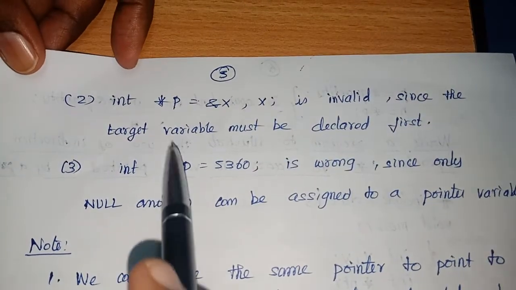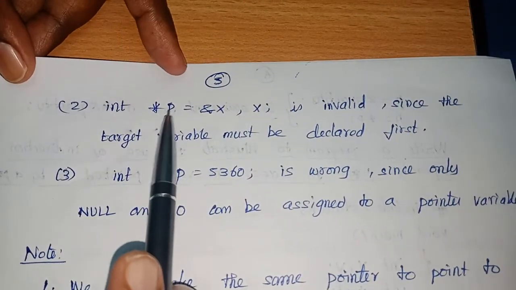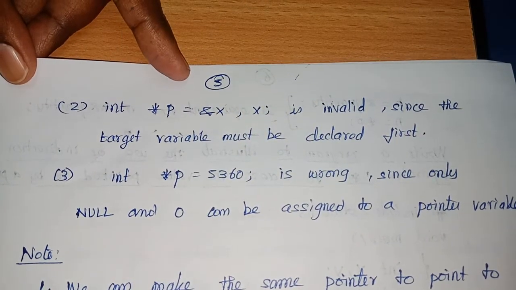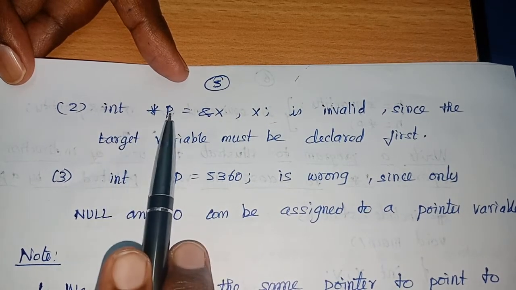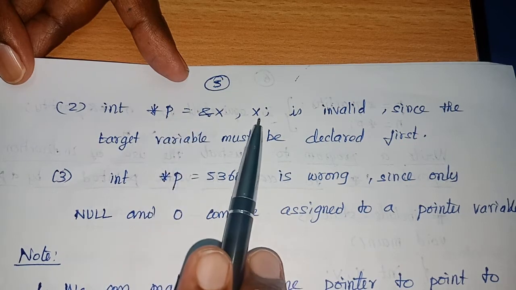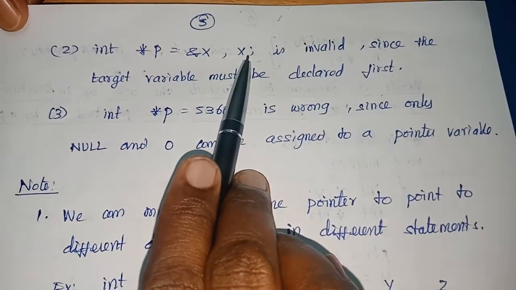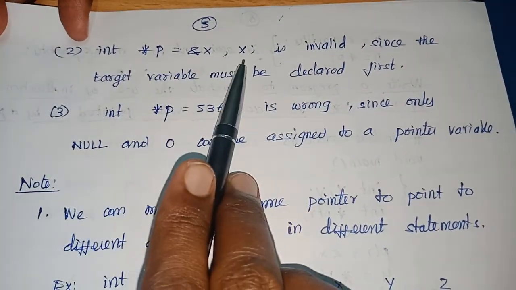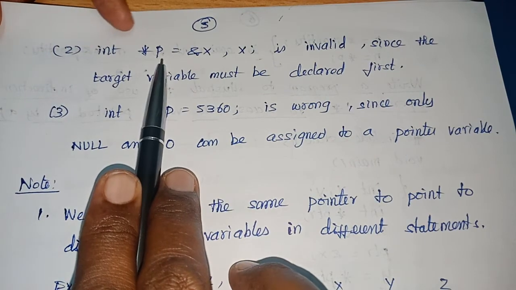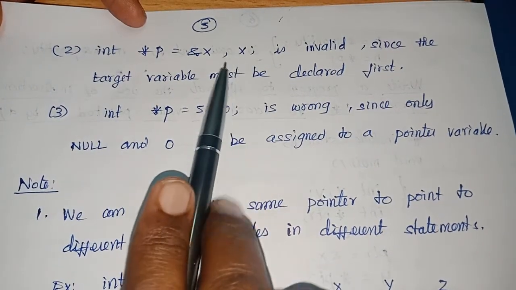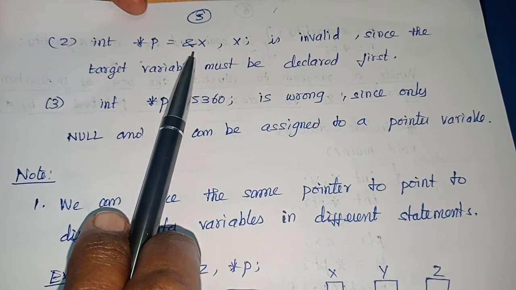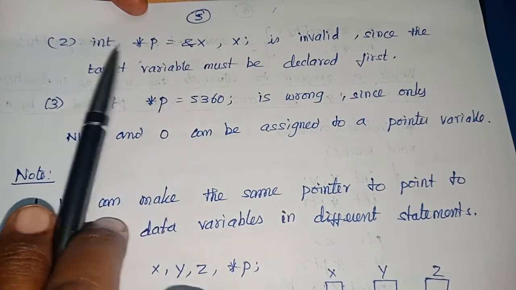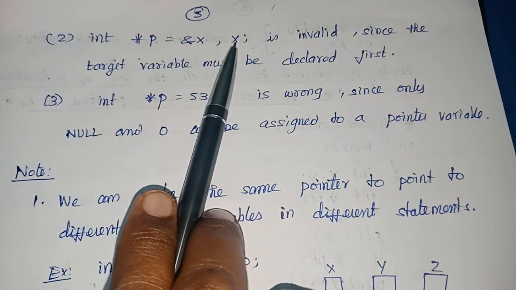Looking at the second example, int star P equal to ampersand x, comma x. What are we doing? We are declaring a pointer variable as well as the integer variable x in a single line, but before declaring x I have declared P and collected the address. Meanwhile the compiler doesn't know what x is.